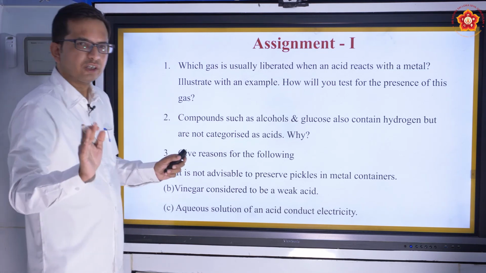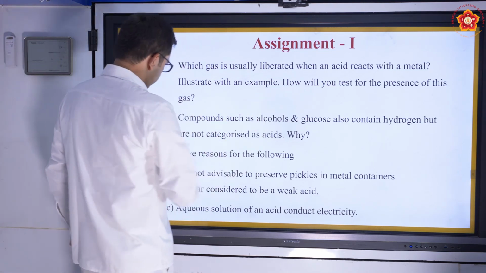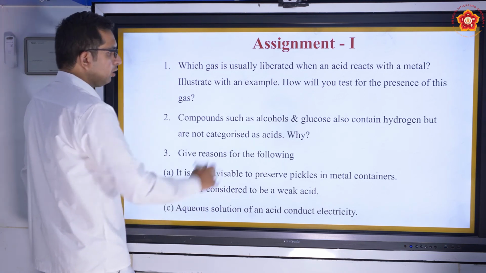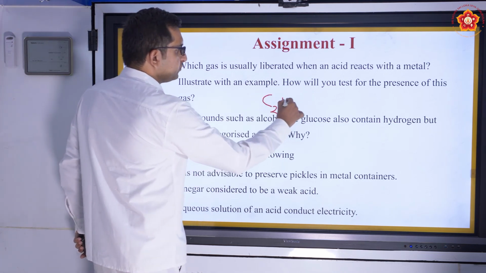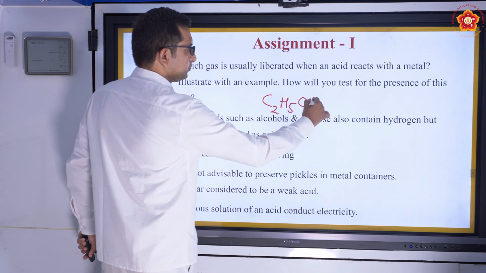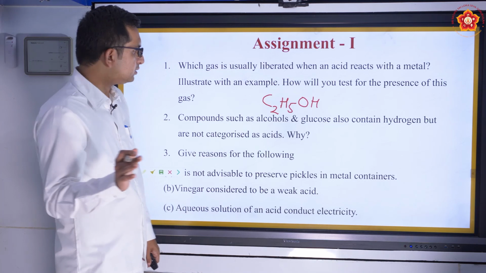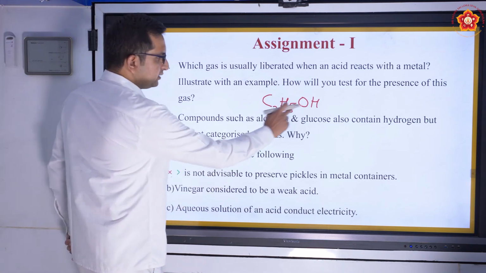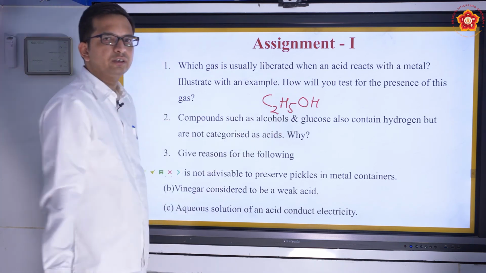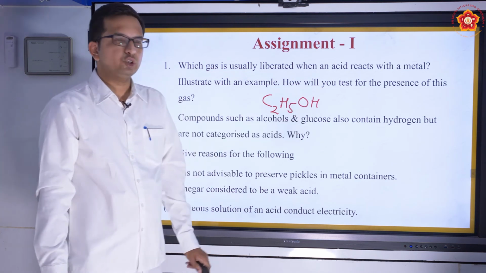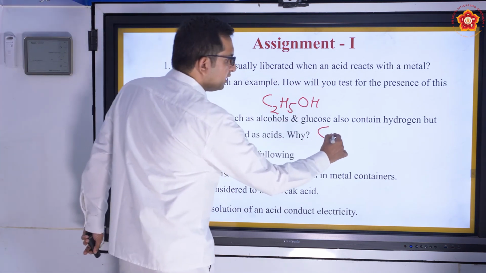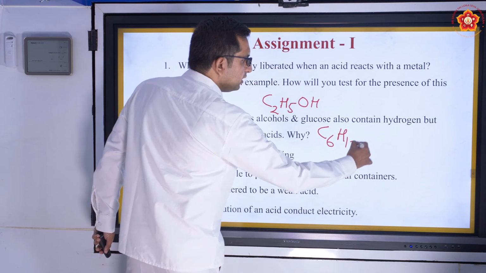Let me give you the structure if you want, for example an alcohol, C2H5OH. Now we have said that acids are those compounds which give H+. I can see 6 hydrogen atoms here. There is one hydrogen present away also. Even the glucose formula is C6H12O6.